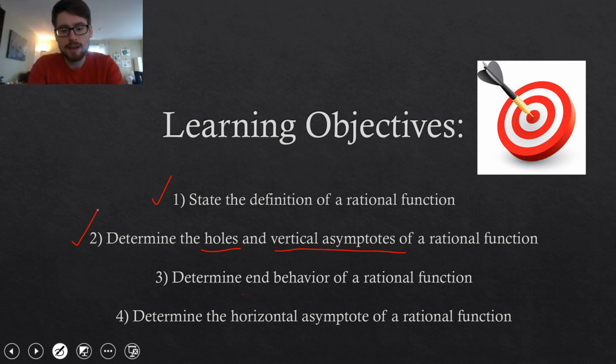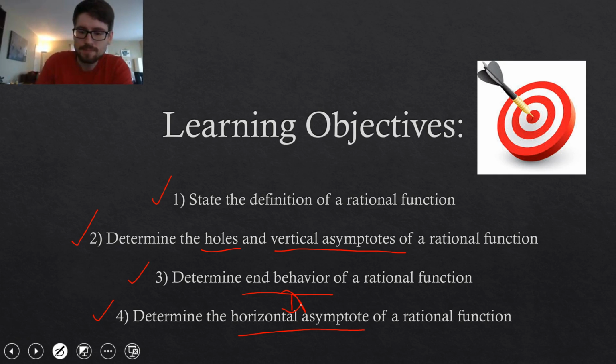Then we're going to look at the end behavior of a rational function. How is it different from the end behavior of a polynomial, which we've been dealing with prior? And then also the horizontal asymptote. We're going to find that once you find the end behavior, finding the horizontal asymptote follows. Those are the main learning objectives for this lesson.